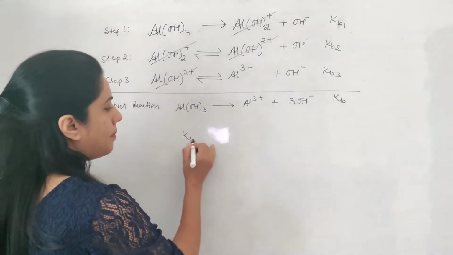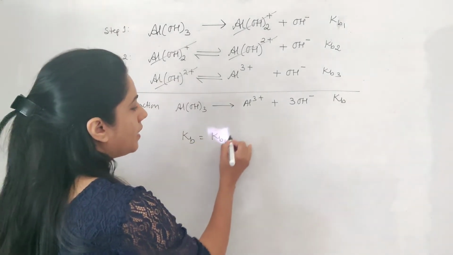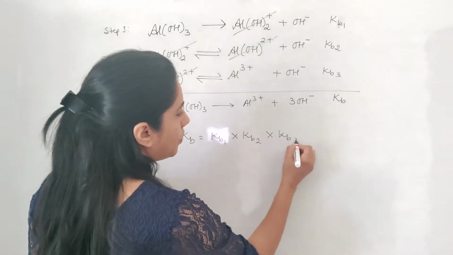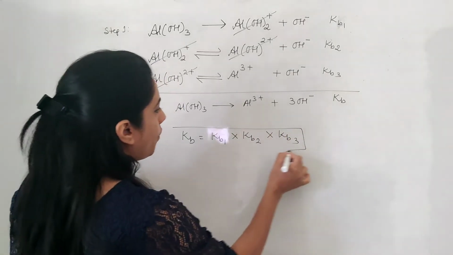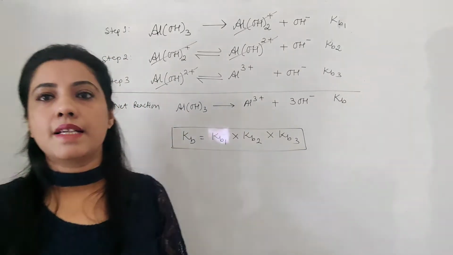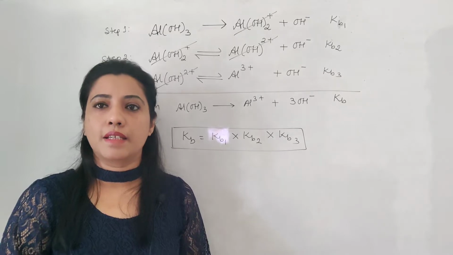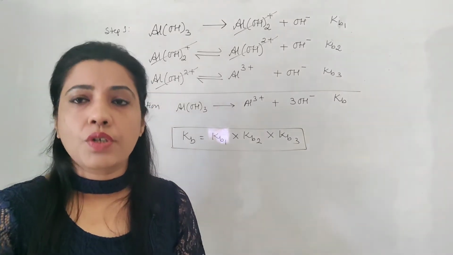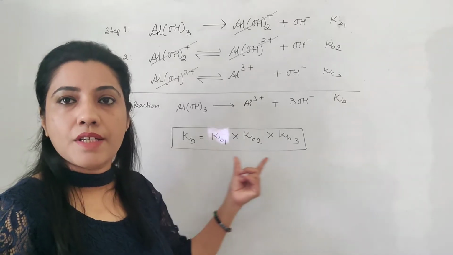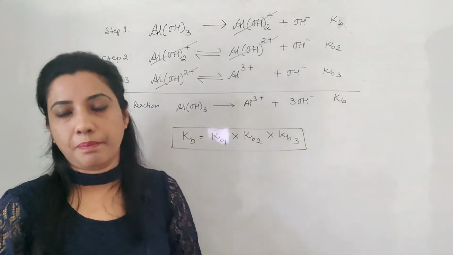So we can get Kb as Kb1 into Kb2 into Kb3. So remember, for dibasic acid, tribasic acid, or for diacidic base or triacidic base, we get the ionization constant by taking the product of the ionization constants of each and every step.